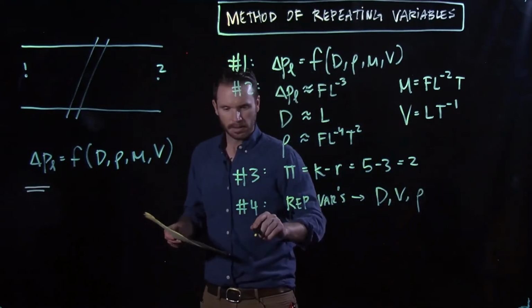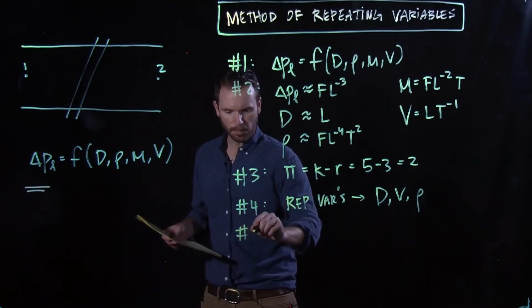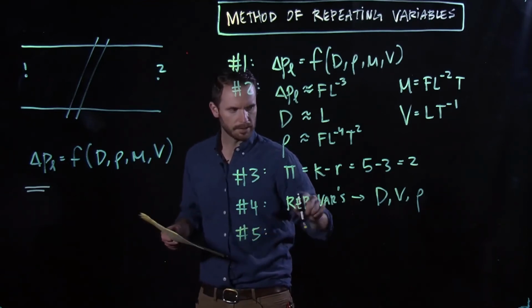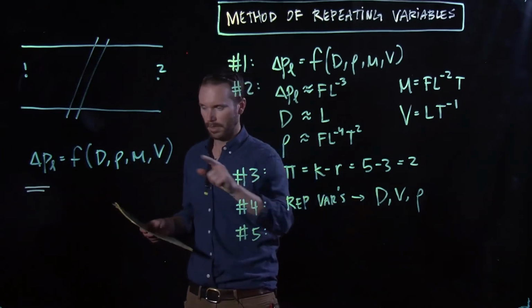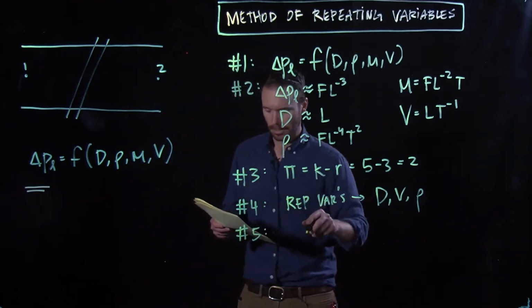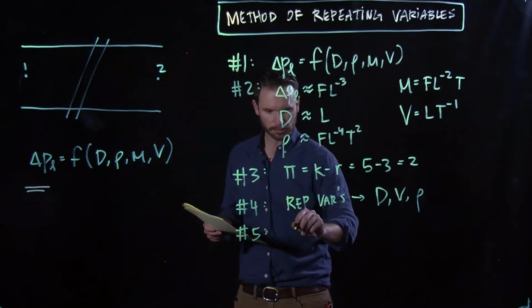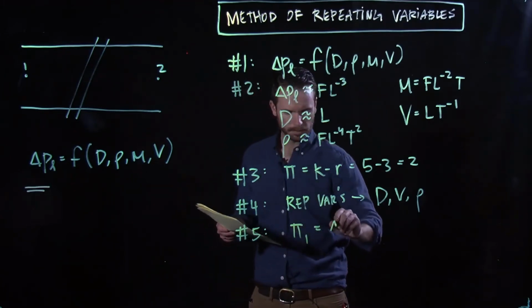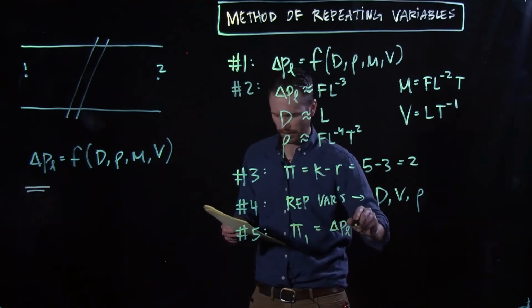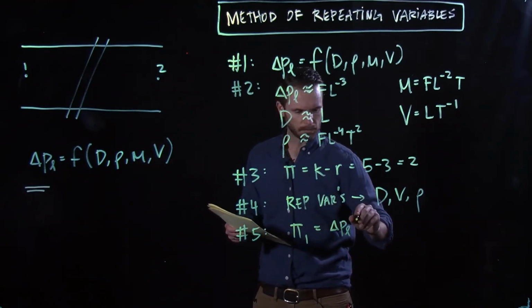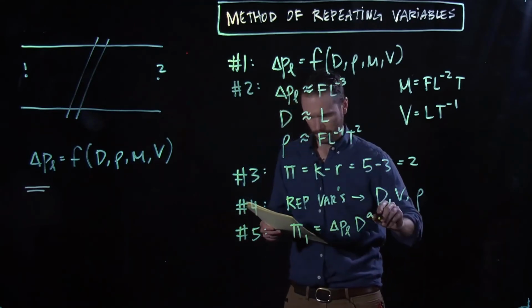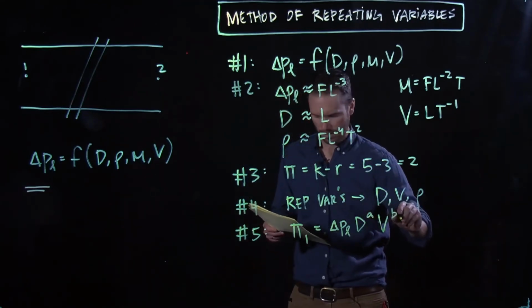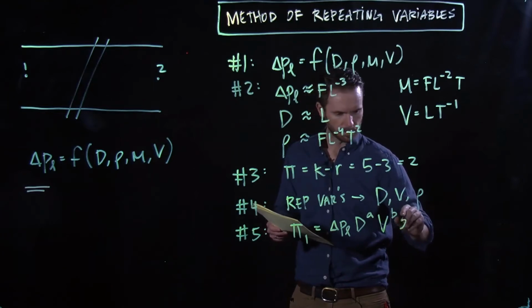easier. Step number 5 is to form a pi term by multiplying these by one of the non-repeating variables. In this case, we'll use pressure drop, and so we'll say, okay, our first pi term is pressure drop per unit length multiplied by the diameter times the velocity times rho.